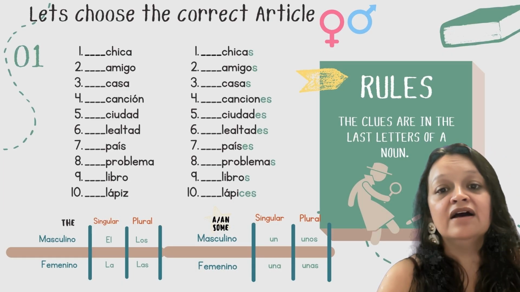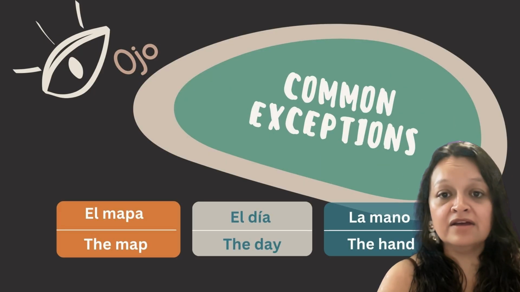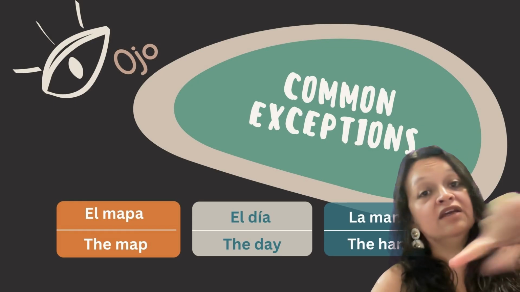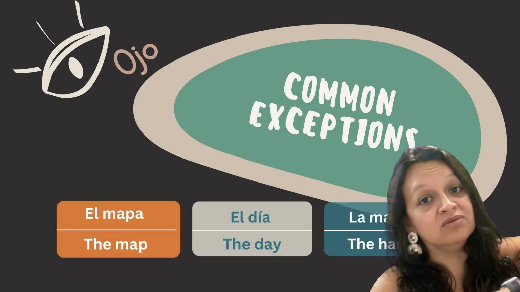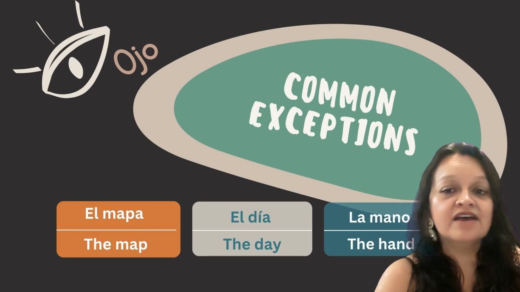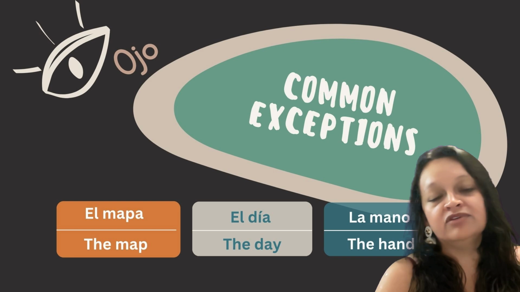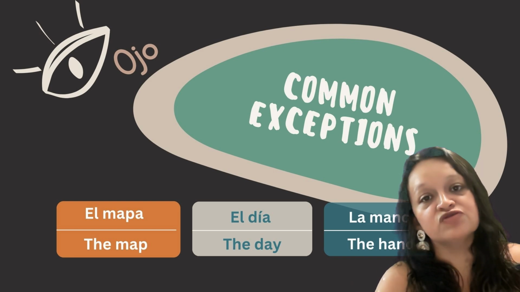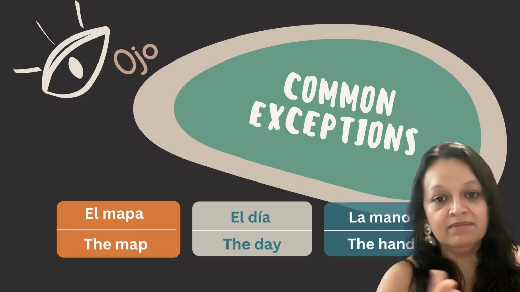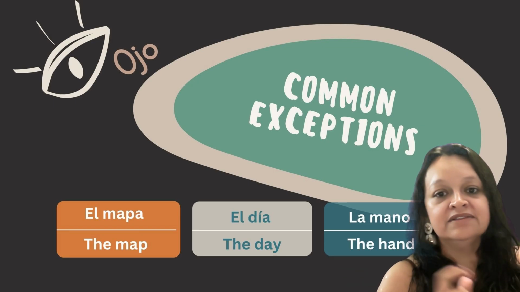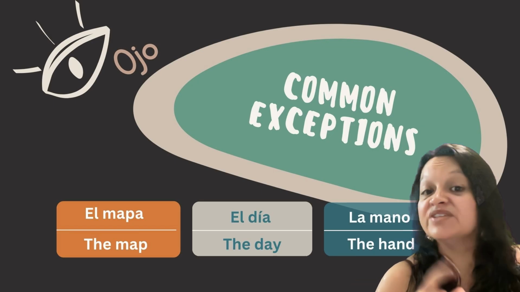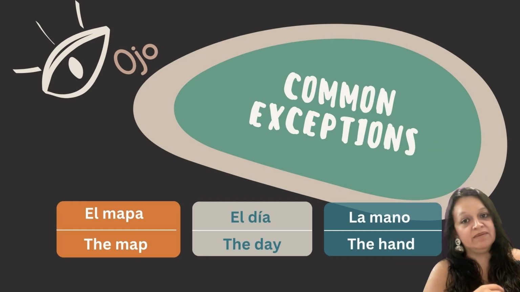And then another thing that is important for us is the exceptions. Everything has exceptions. Don't start complaining. English has more exceptions than Spanish does, which is very interesting for me. A few exceptions to the rules, there are more, but these are very useful. El mapa, it ends in an A, but it's masculine. El día, día ends in an A, but it's also masculine. And actually the days of the week are also masculine.